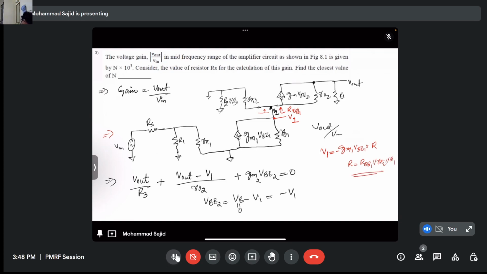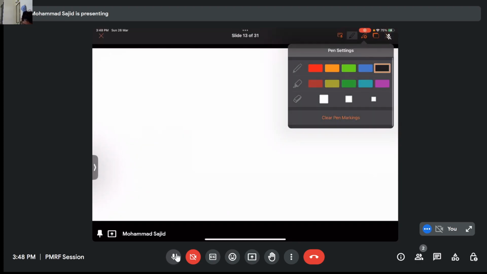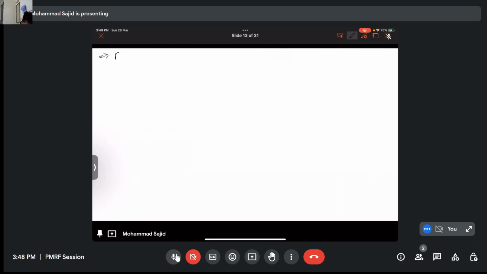So we are assuming here that R equivalent emitter Q1 from this portion will be in parallel combination to R pi 2. So let's just start with finding REQ1. I just draw this.